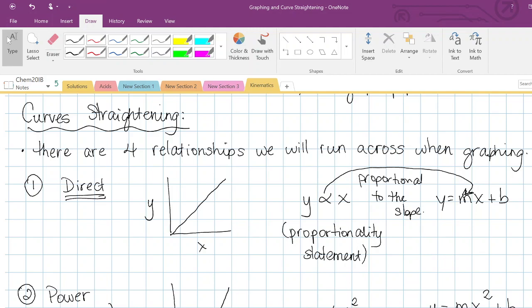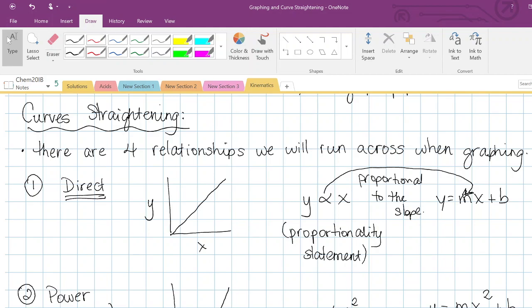So whenever you do any sort of extrapolation or interpolation of data, you always want to do it with a linear line. You want to put a ruler on there, because if you have a ruler on there, there's no guesstimating as to where that ruled line is going to continue.